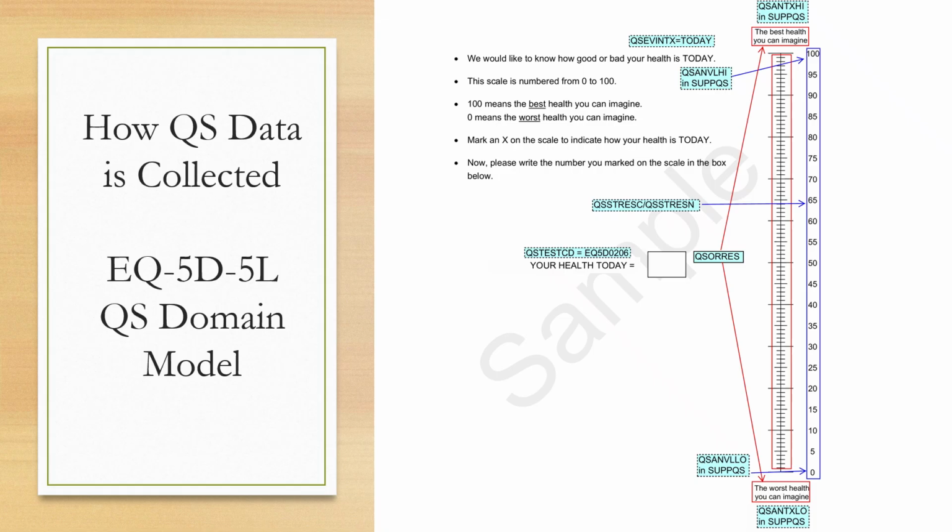Since this is text, this text will be the QVAL for that. That will go in one particular subqual, and the value the subject has selected as the worst health the subject can imagine will go in another subqual variable, which is QSANVLLO. Similarly, the case is the same for the high value as well. We will be checking on these subqual values in more detail in a few minutes.